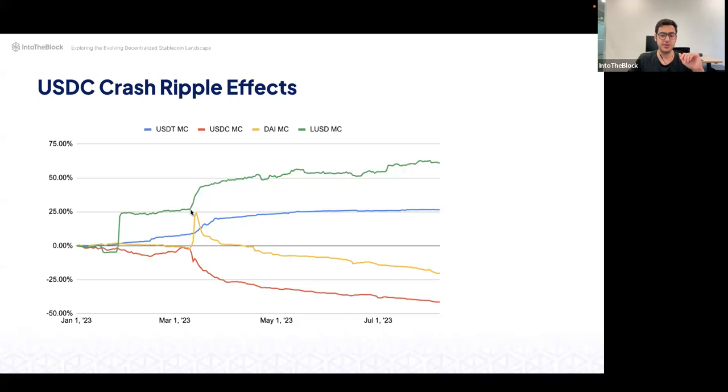Whereas the LUSD market cap took a significant amount of share and increased even further, while USDT also benefited, attracting more billions, but growing less so in percentage terms.